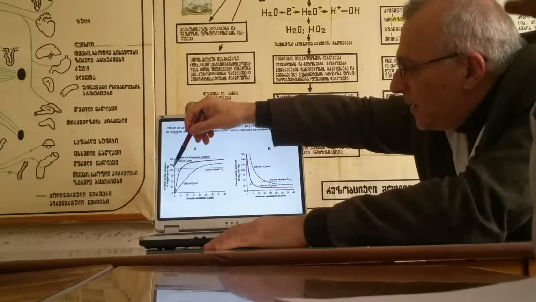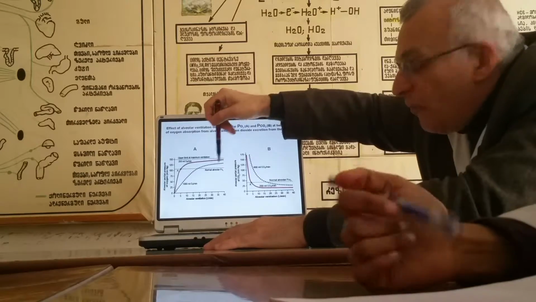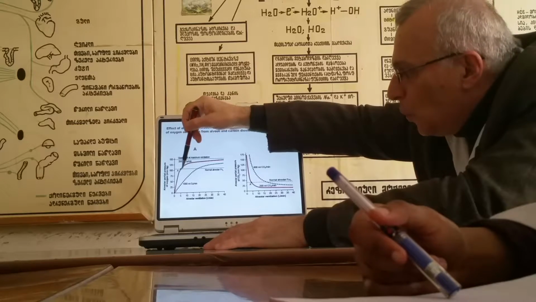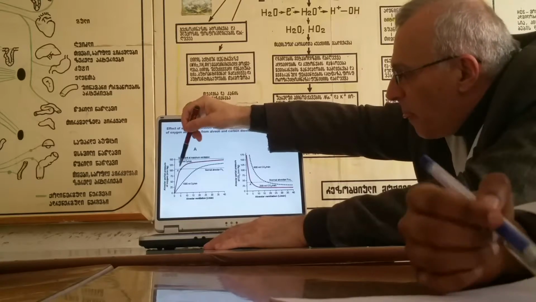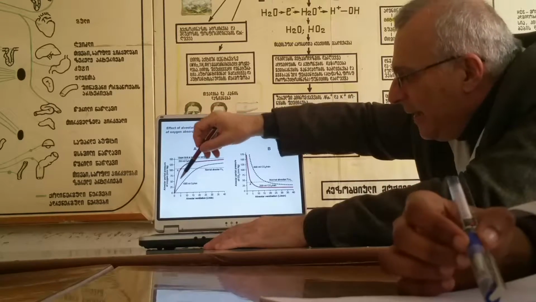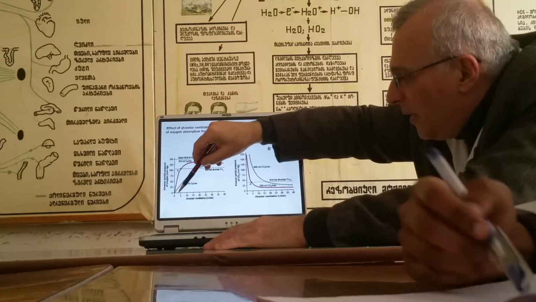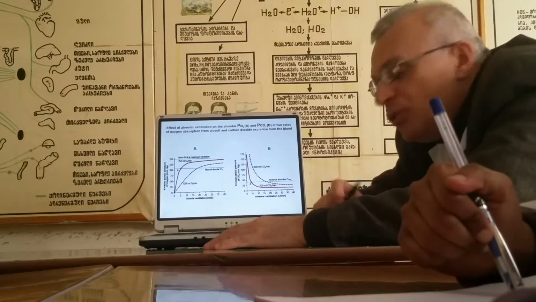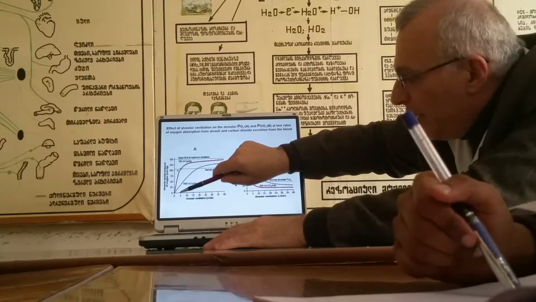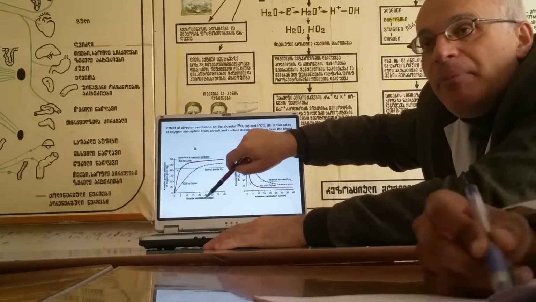Interestingly, the normal alveolar partial pressure for oxygen is usually 104. For alveolar ventilation, at point A, it is usually about 4.2 liters per minute.